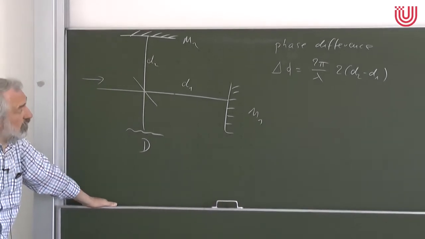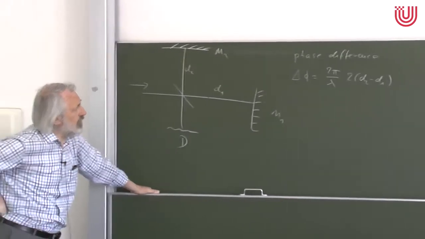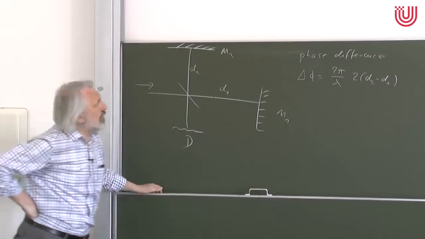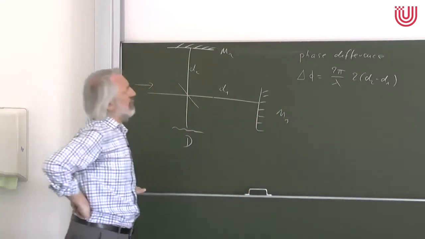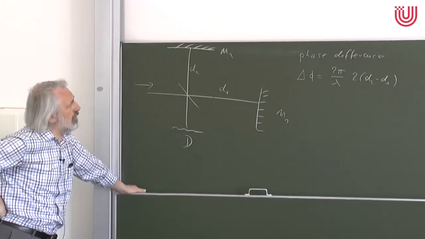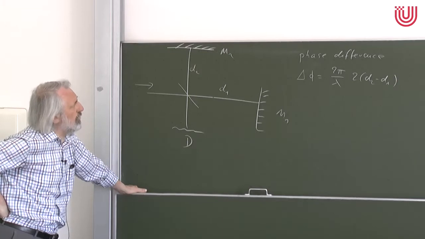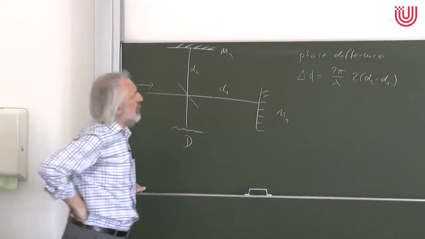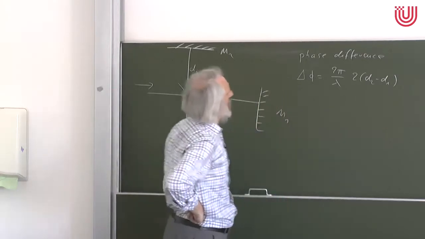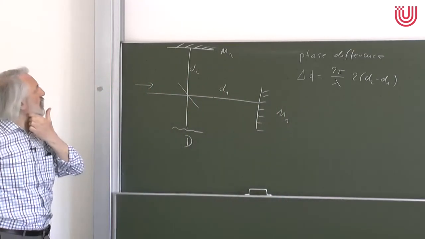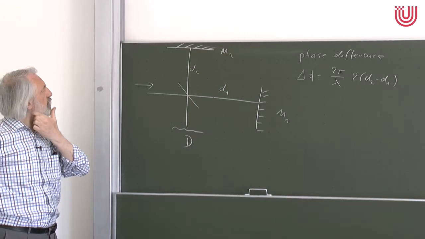So that's just outside of the visible spectrum in the infrared. And so here you should think of something like 10 to the 1,000 something nanometers, and then you can calculate what length differences you can measure if you know with which accuracy you can calculate phase differences.